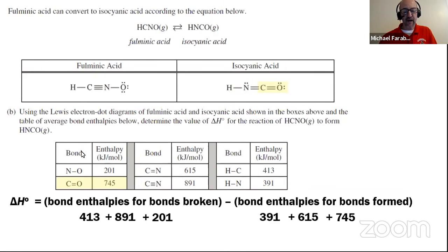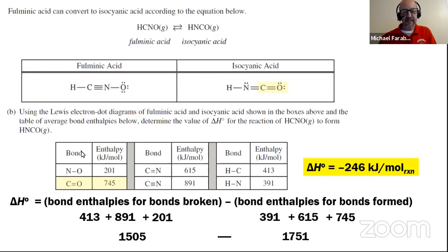So we have a total of 1,505 for the energy absorbed. And we have a total of 1,751 for the energy released. So 1,505 minus 1,751 gives me my answer. In this case, the delta H is negative 246 kilojoules per mole of reaction.